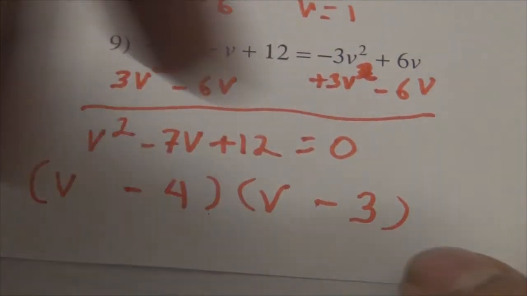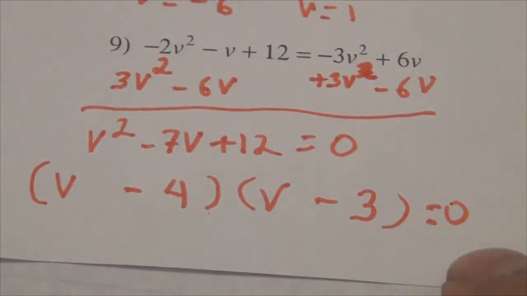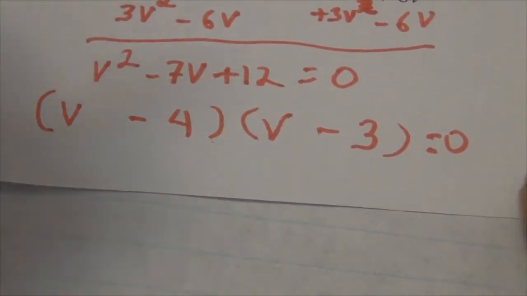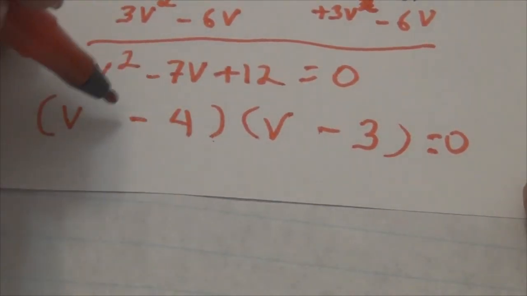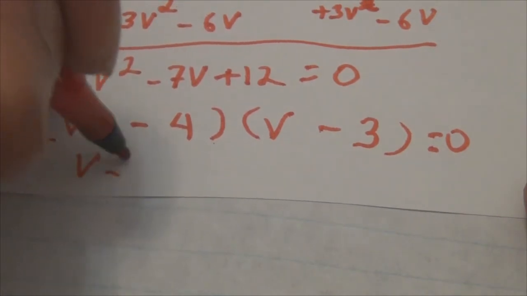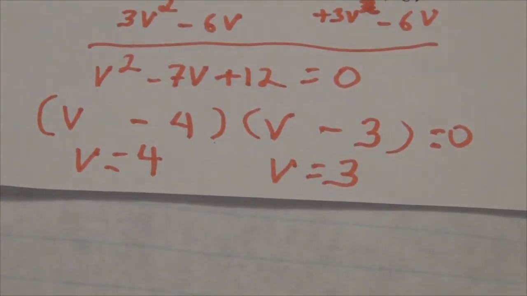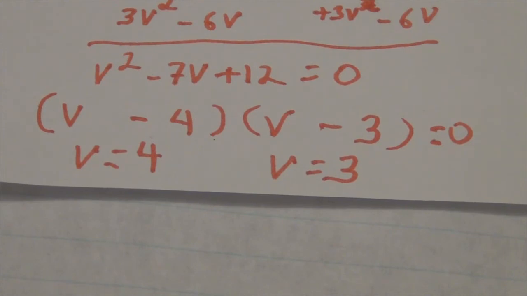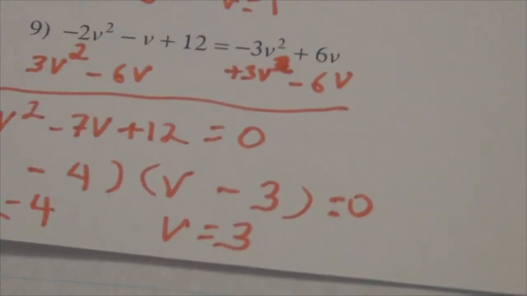Negative 4, negative 3 equals 0. You already know how to factor. That's why I'm not really explaining much. And now, what number minus 4 is 0? Positive 4. What number minus 3 is 0? Positive 3.